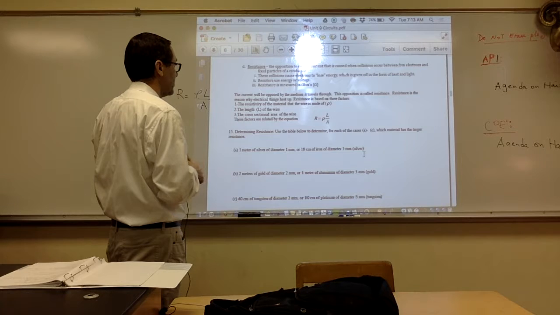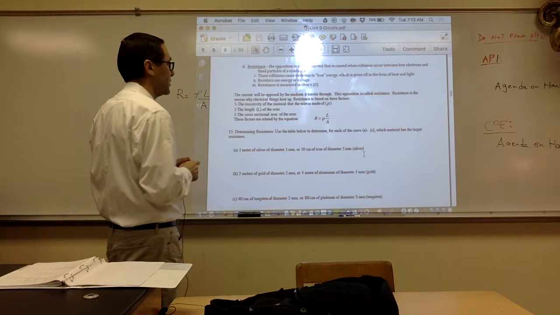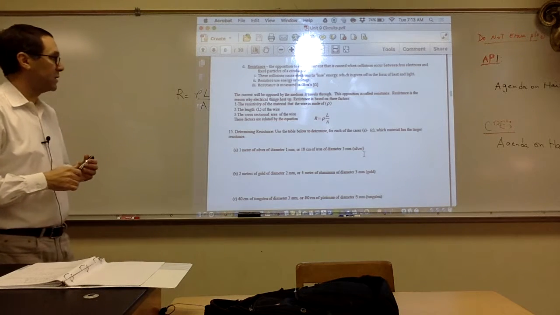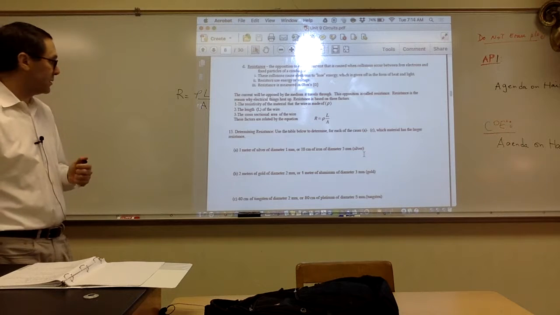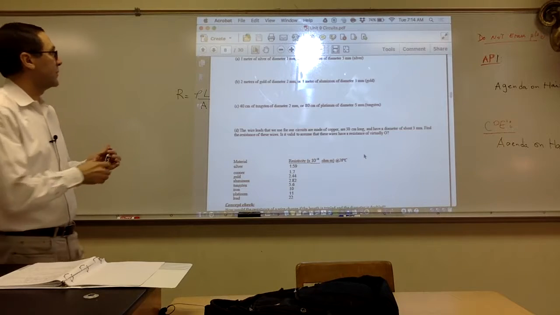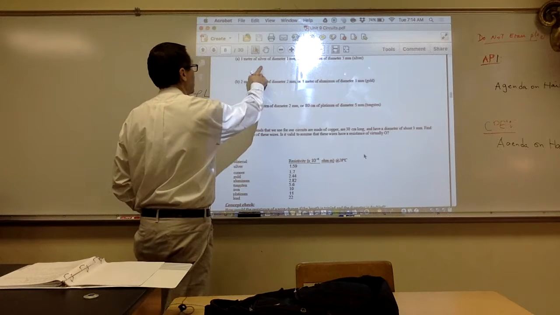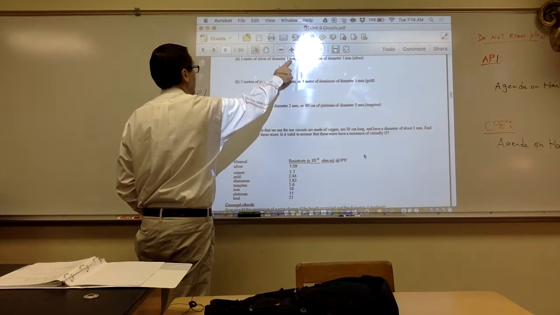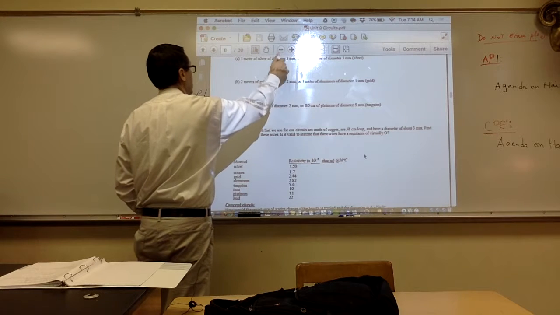Number 15: determine the resistance. Use the table below to determine for each case A through C which material has the larger resistance. So now we have a table here, and okay, 1 meter of silver of diameter 1 millimeter. So you have to change that to radius.